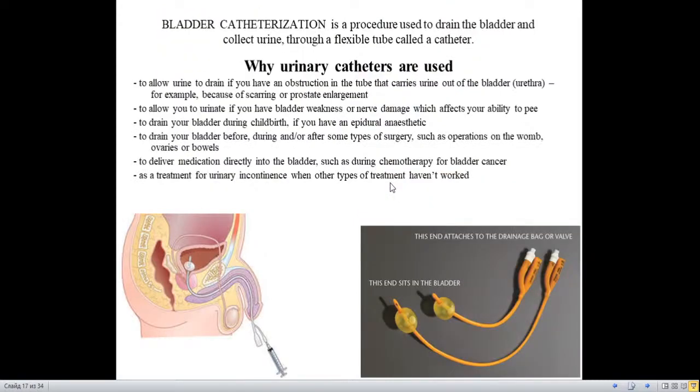And one clinical issue related to male urethra and urinary bladder is bladder catheterization. I'll not mention everything posted here. You will read it like prescriptions. When do we need to perform bladder catheterization? The most common problem, which I mentioned, is hyperplasia of prostate gland, which blocks outflow of urine.